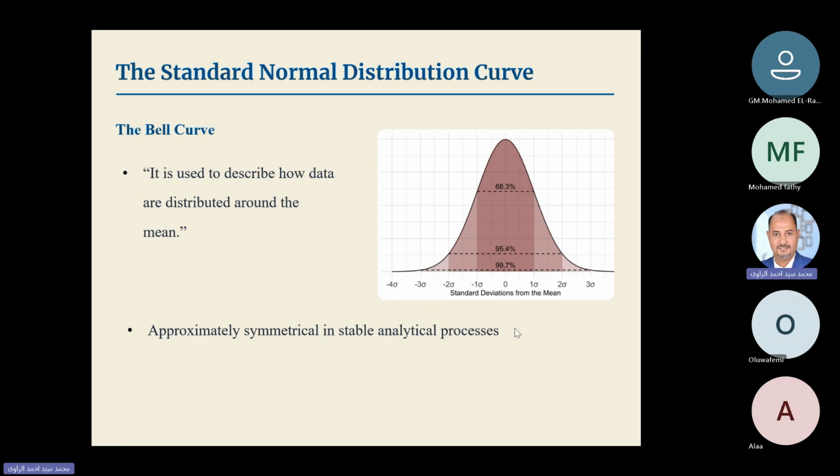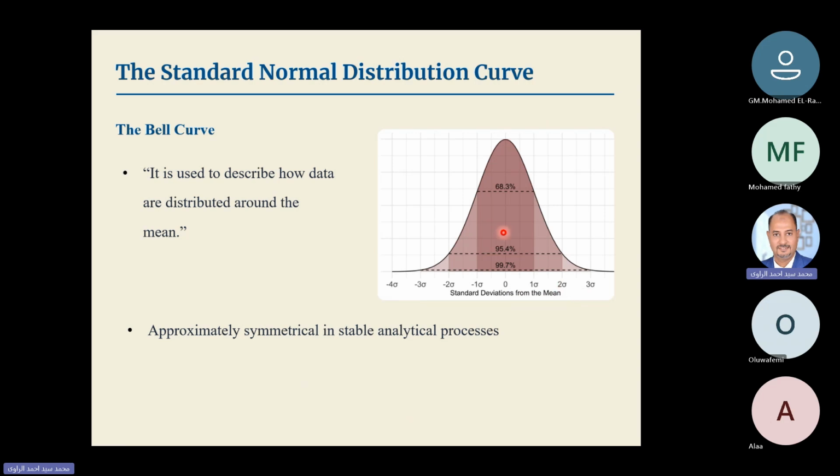So the horizontal axis here in this normal distribution curve represents standard deviations from the mean. Here is the mean, and here is one standard deviation, two standard deviations, three standard deviations.